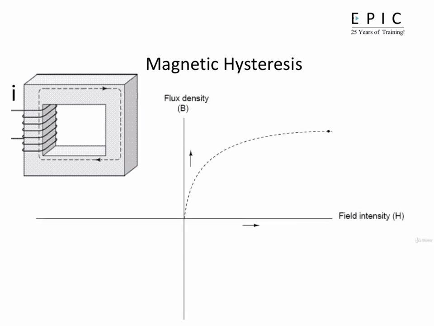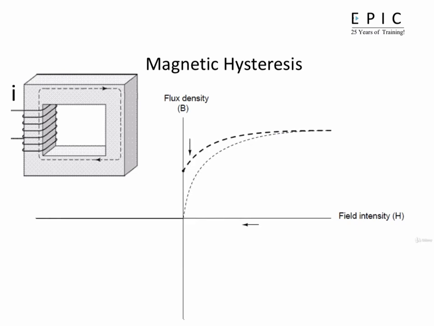Let's use the same graph again, only extending the axis in the negative direction. First, we'll apply an increasing field force, current through the coils of our electromagnet. We should see the flux density increase, go up and to the right, according to the normal magnetization curve.